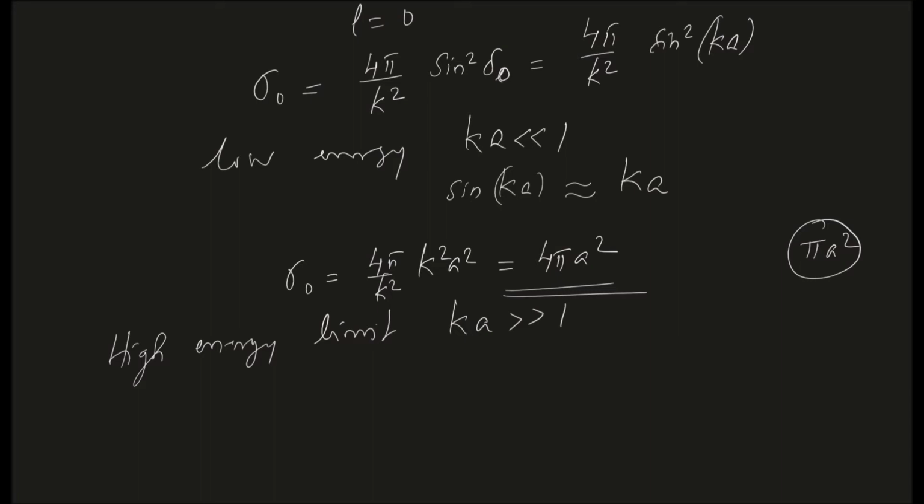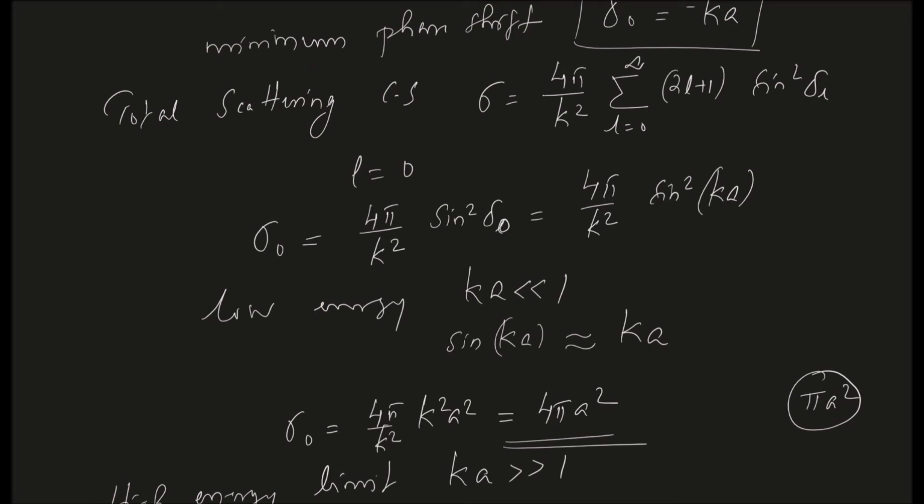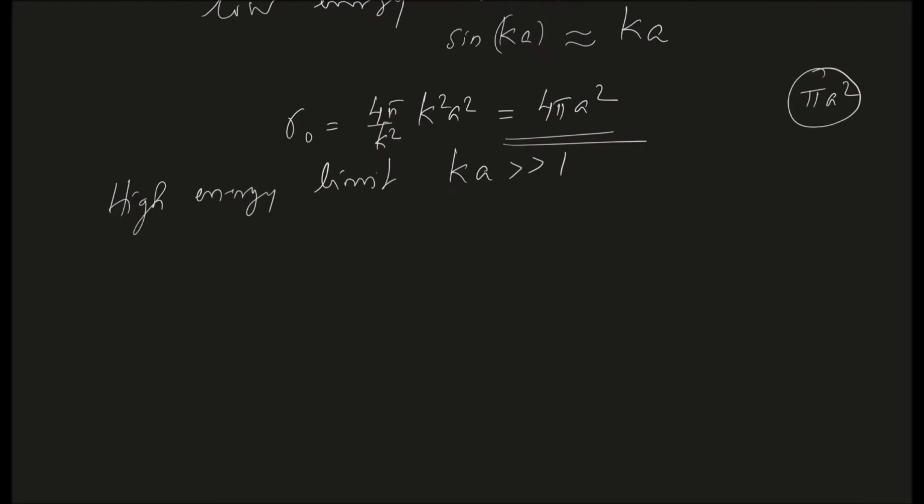In the expression for the scattering cross section we have a summation from 0 to infinity. We cannot go up to infinity, so we have to limit it somewhere. We assume that the maximum value of L will be of the order of Ka, the energy itself.